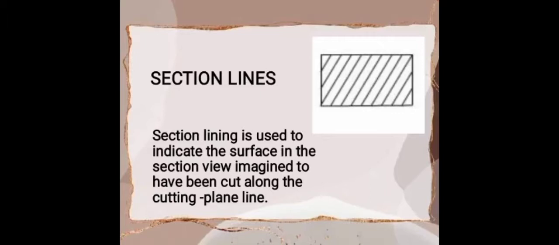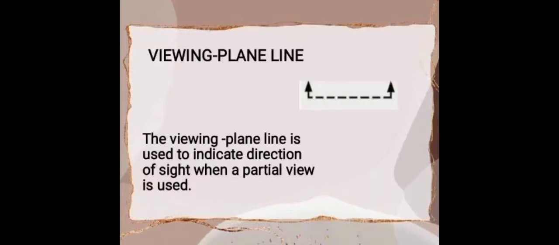So now let's proceed to the viewing plane line. The viewing plane line is used to indicate the direction of sight when a partial view is used, to identify where a view is taken for a view, enlargement, or for partial views. It also indicates the plane from where a surface is viewed, so it is used to define an auxiliary view.